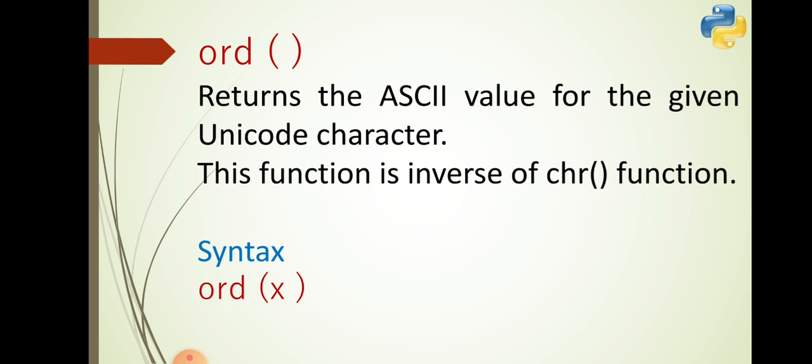That is the usage of ORD. This function inverts the character function. Suppose you give 65, what will happen? 65 is equivalent to caps A, so it will return those kinds of values. That is the procedure for the ORD function.